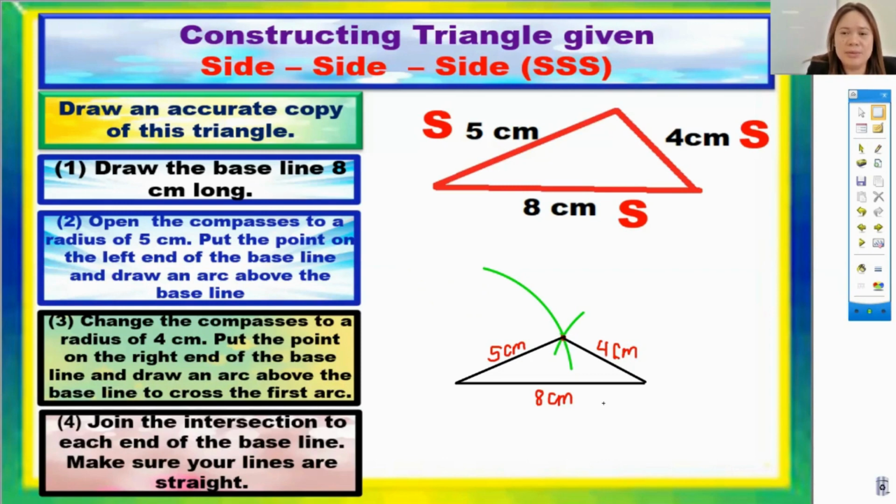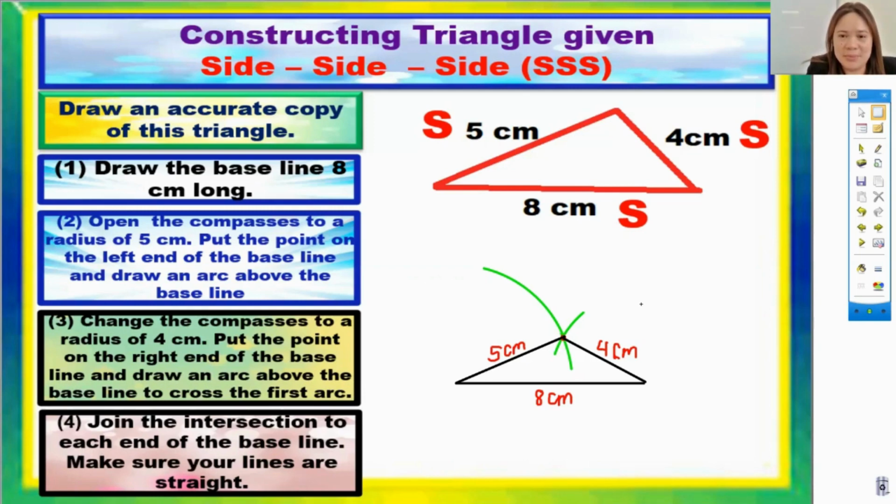All you need to do is to make sure that you are measuring the length accurately and make sure that your lines are straight. So don't erase anything. Let the arc stay in this to show that you have used compasses to measure or to draw the sides of the triangle accurately.